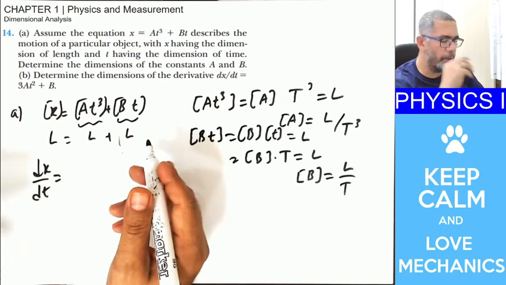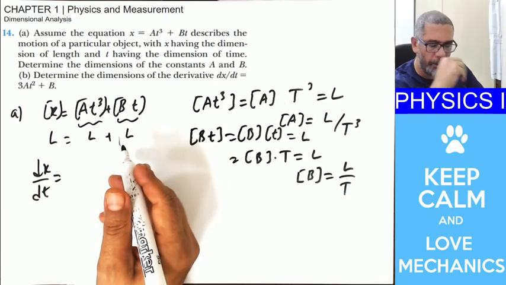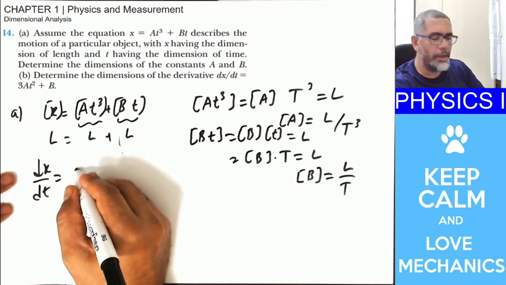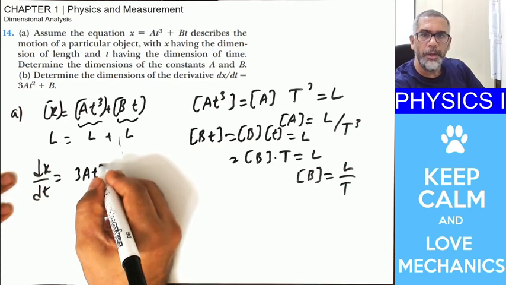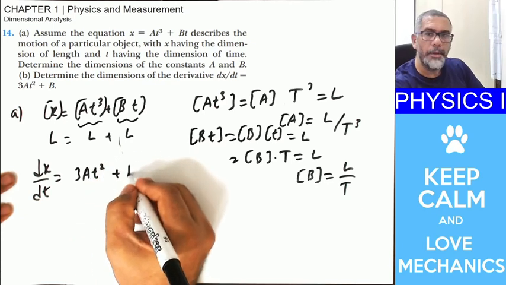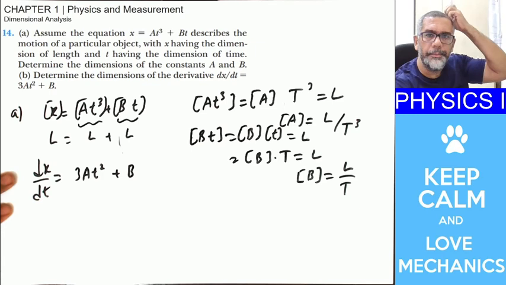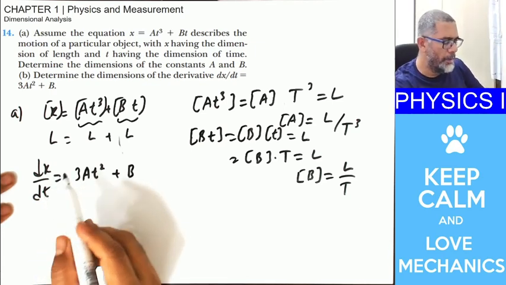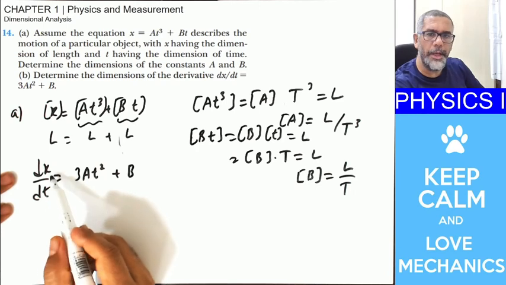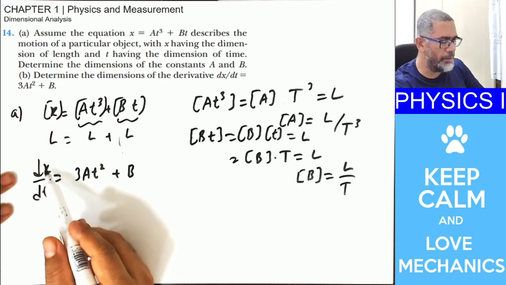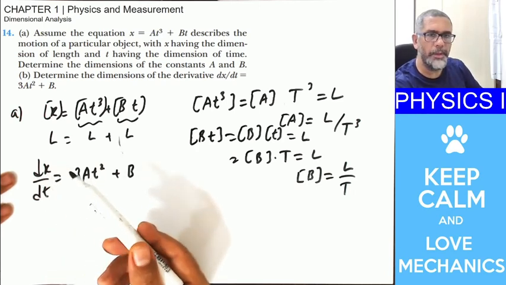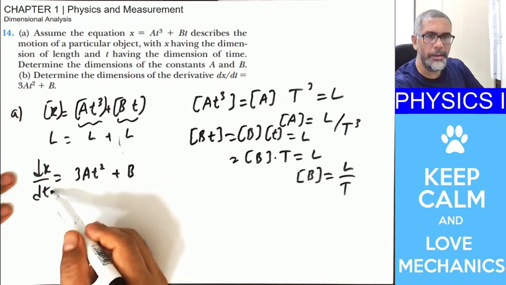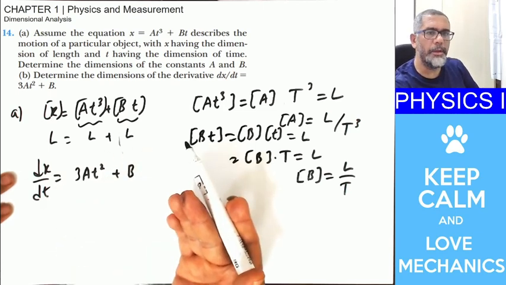Well, the expression is already given: 3 times a t squared plus b. So what is the dimension of dx over dt? Well, you can treat dx over dt as the division of dx, whatever it is, by dt. But we know what dx is.